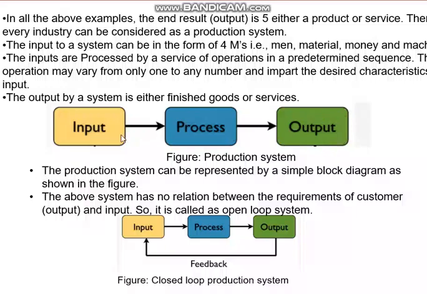That's all. You are taking raw material, making something, giving it to the customer, and you're not knowing whether that person liked it, whether his need is met or whether he is happy with the product. Then it becomes an open loop system.